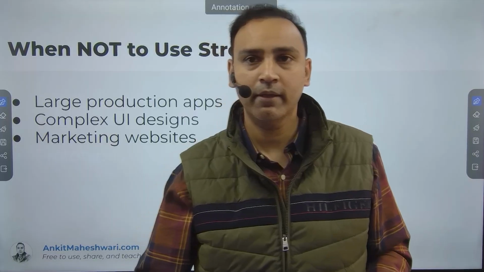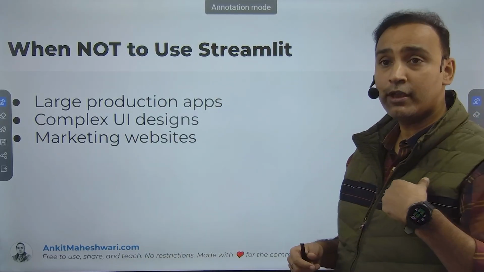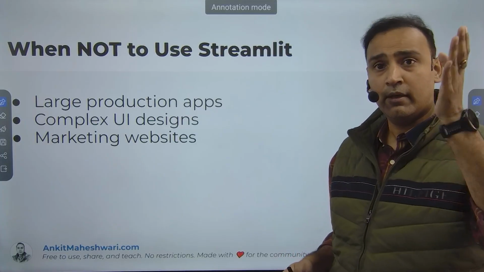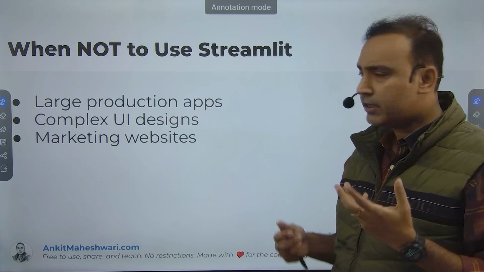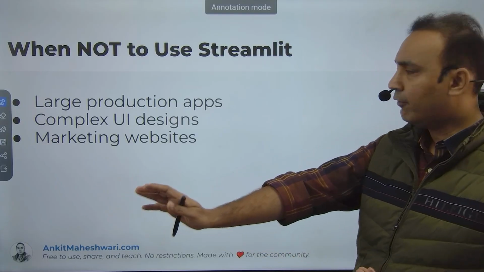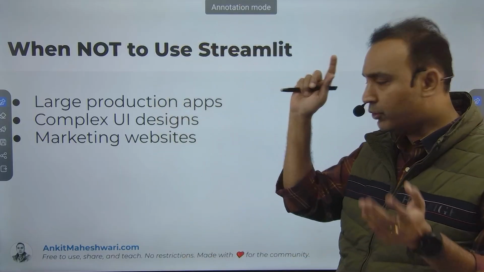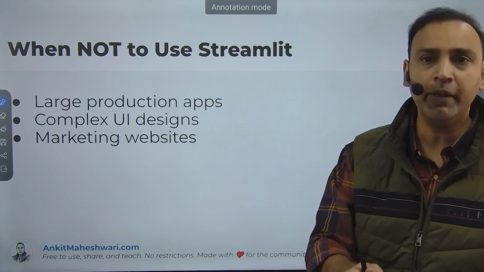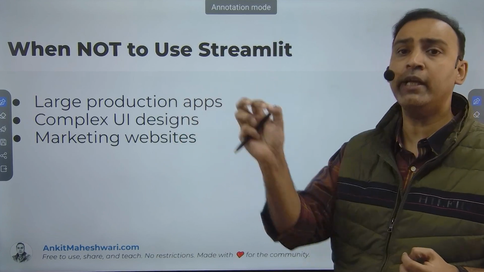Now I want to be completely honest with you. We are engineers, not salespeople. We don't lie. We just tell the truth. A senior engineer knows that there are no silver bullets. Streamlit is powerful, but it is not for everything. If you want to build a massive e-commerce site, don't use Streamlit. If you need a pixel-perfect app or custom animations for a marketing page, wrong tool. Streamlit is opinionated.